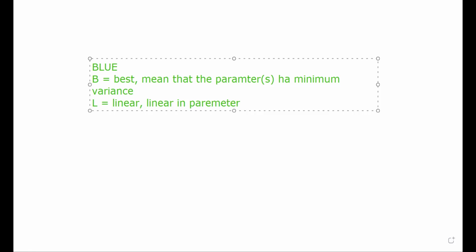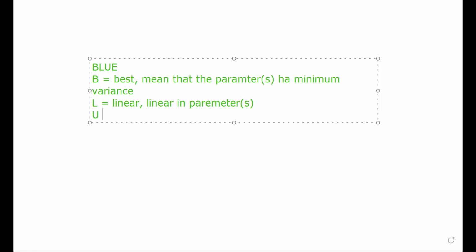Unbiasedness: unbiased means the expected value is the same as the actual.